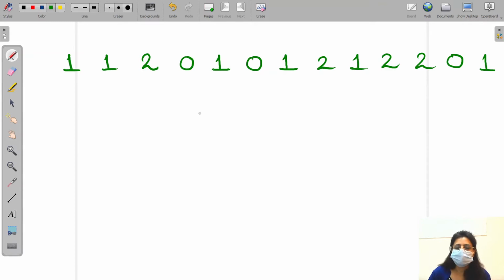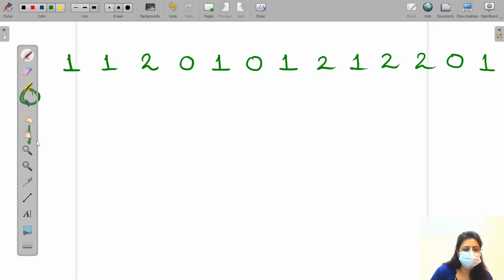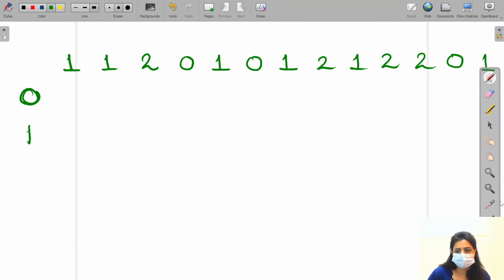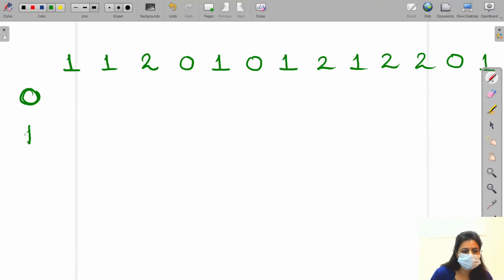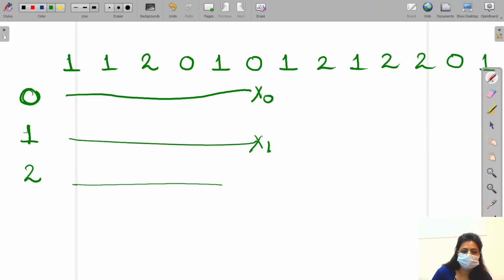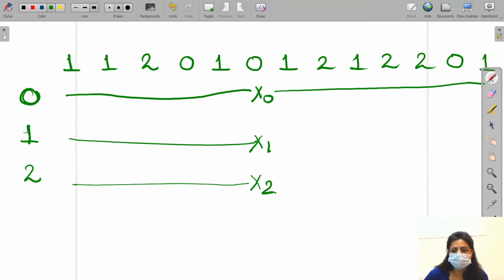First of all, our work would be to count the number of zeros, number of ones, and number of twos. Let's suppose these are x number of zeros, x number of ones, x number of twos.